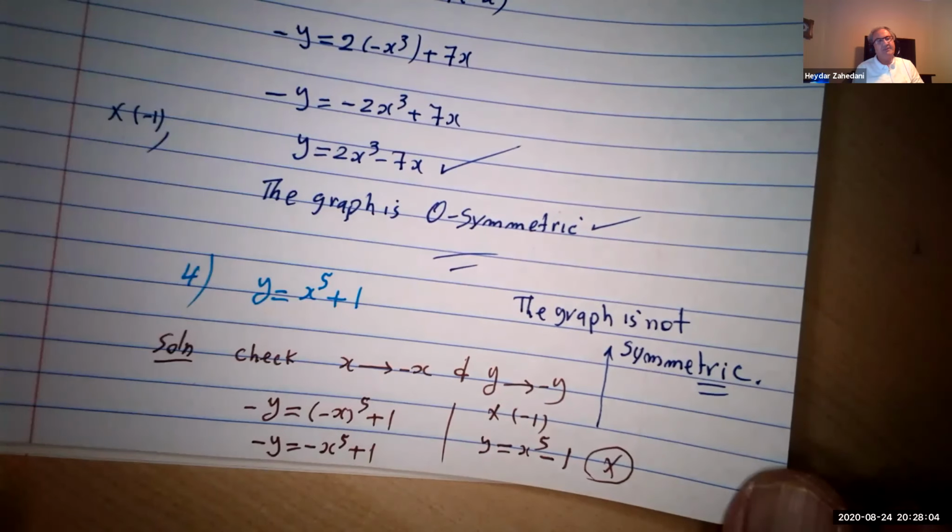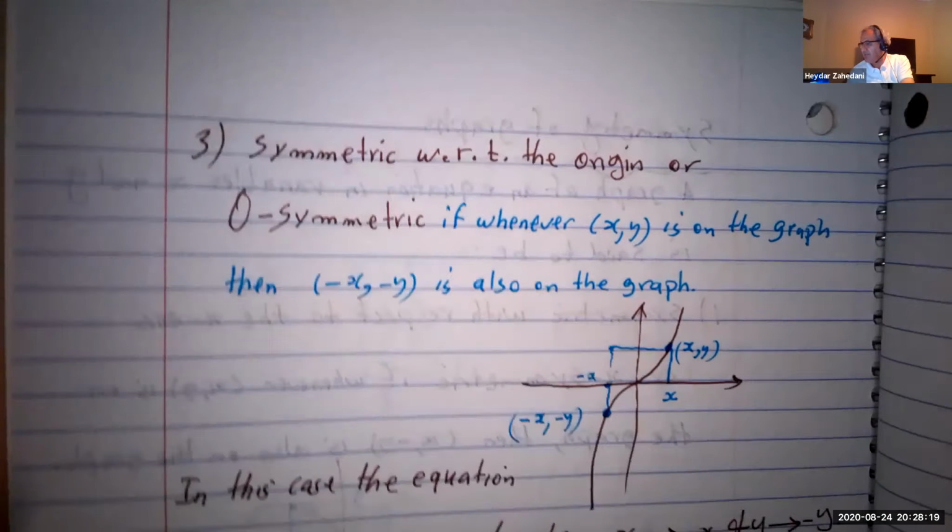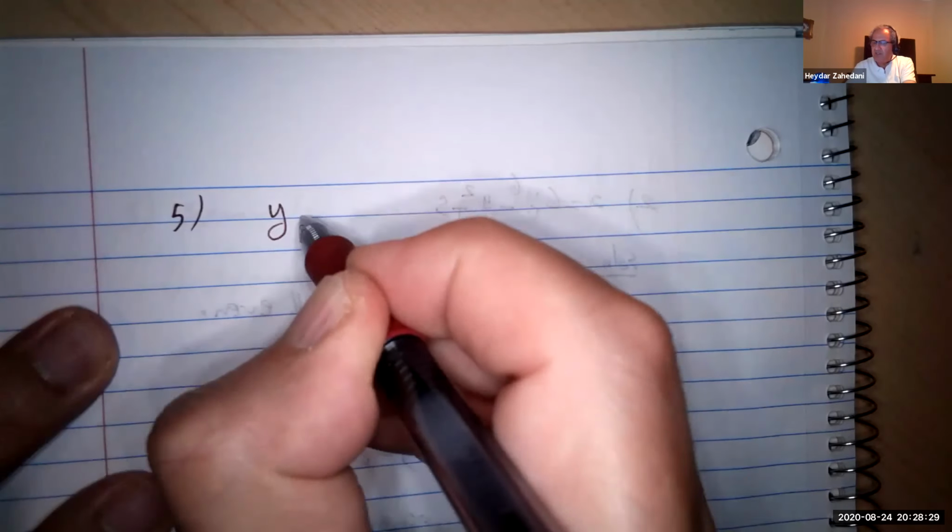You have a couple of tricky ones in your book, in your assignment, so I give you one of them. That is number 4. In number 5, it's something similar to this problem, which is very popular.